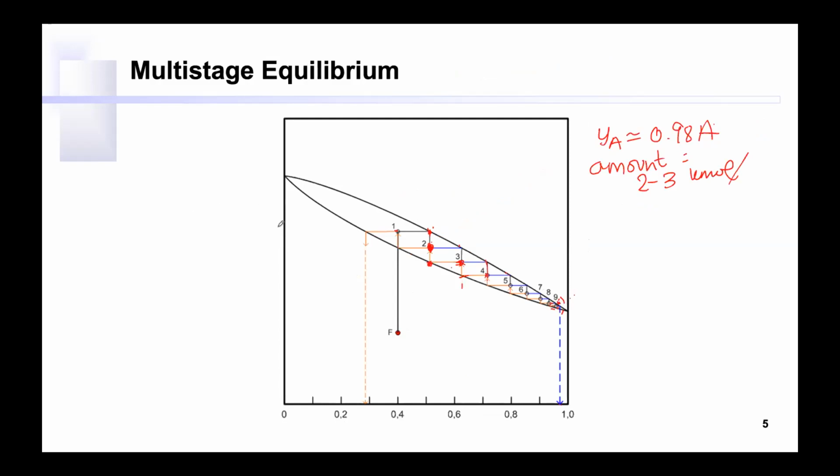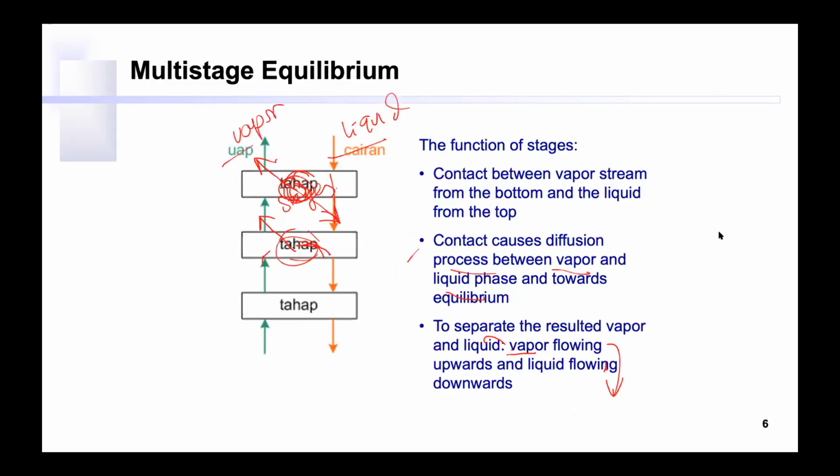In this case, it's going to go this way, and this part is called the enriching section. The multi-stage equilibrium function of stages is a contact between the vapor stream from the bottom and the liquid from the top, and the contact causes a diffusion process between the vapor and the liquid.